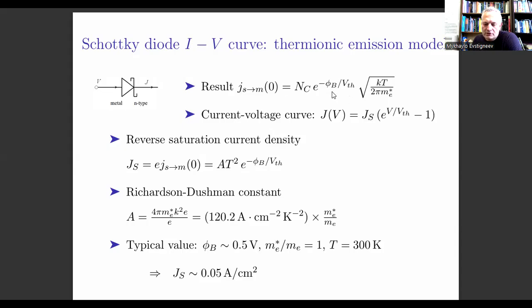NC times exponential to the power minus the Schottky barrier height over the thermal voltage is the concentration of electrons whose energy is higher than the barrier height. This part gives you the total electron flux from the semiconductor side onto the interface, the boundary between the metal and the semiconductor.